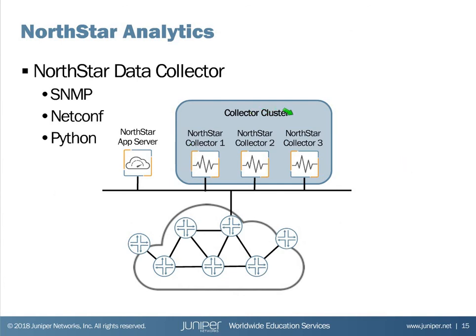It's an optional component of NorthStar, but you can install some analytic collectors. You need at least one, but in a large network you may have multiple collectors, and it gathers telemetry data about interface utilization, tunnel demands, and traffic demands on your network. And based on the analysis of that data, it can dynamically re-signal label switch paths across the network.